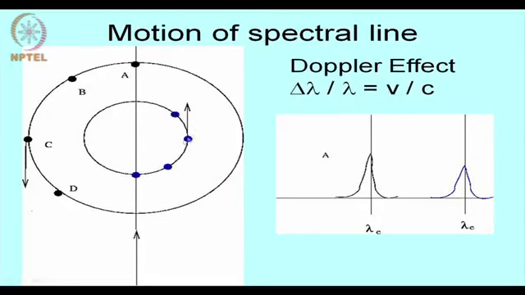and it is only the line of sight component of the speed. So, it is only the component in this direction, and if the source is moving away from the observer, then the velocity is positive and there is a positive shift, the wavelength increases. This is called a redshift.